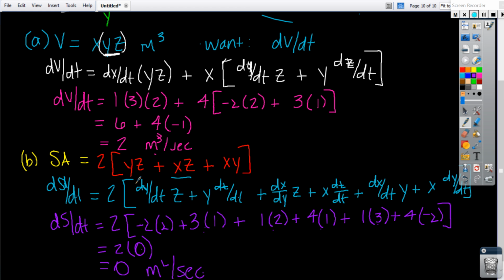Does this make sense? The surface area is not changing. Isn't that interesting? That as these sides change, my volume is changing, but my surface area itself is not changing. So that's interesting.